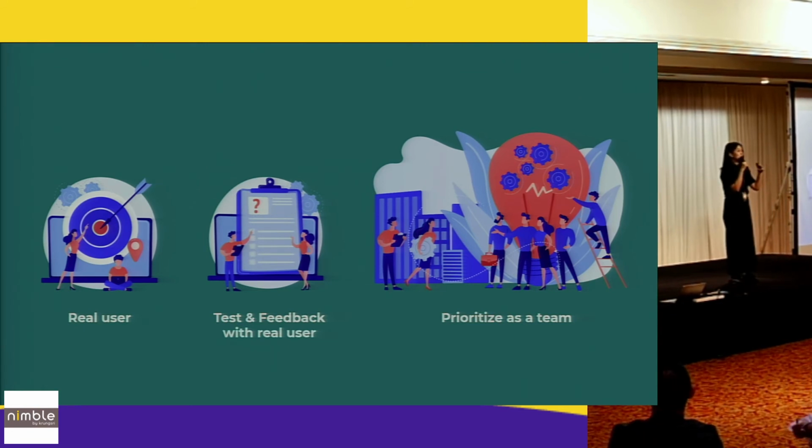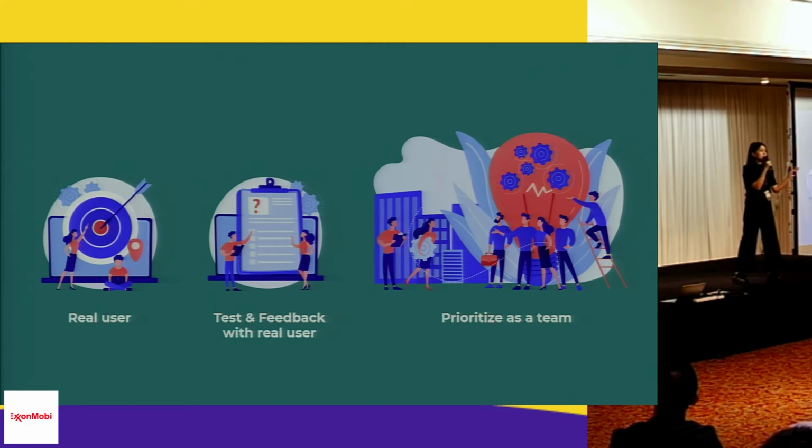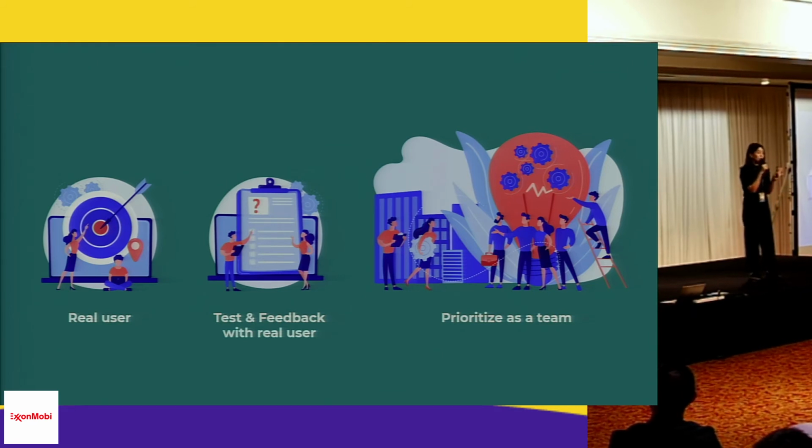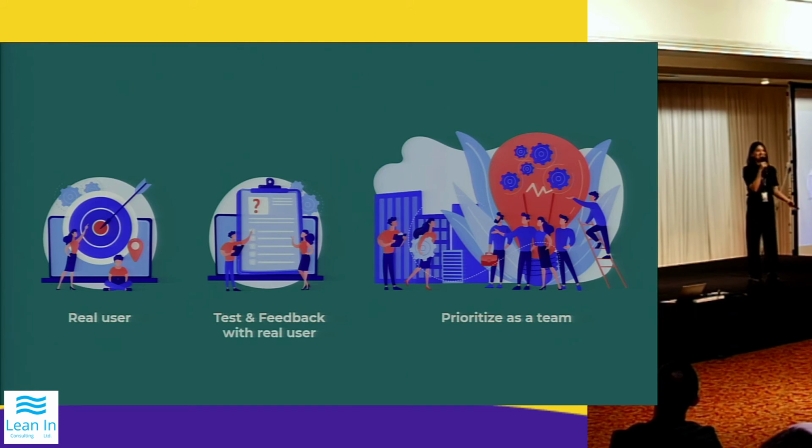I receive many questions about how many people I should interview, how many people I should test with, because sometimes it's too many, but sometimes it's not enough. There is research supporting that with only 5 users, you will be able to cover 80 to 85% of the problems of your product. So you can start right now on Monday.